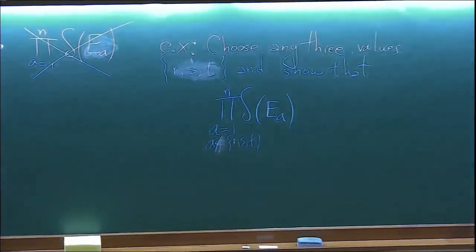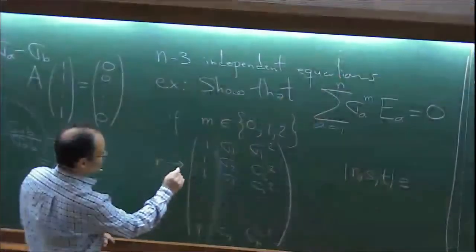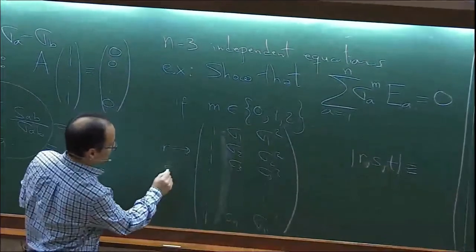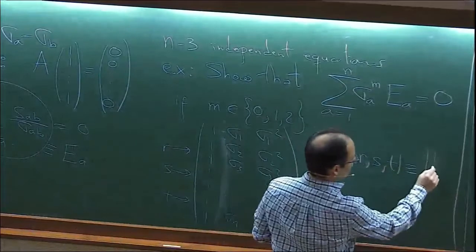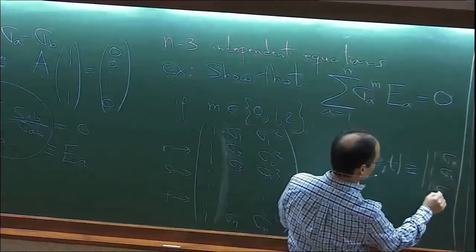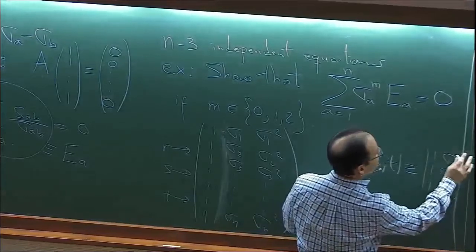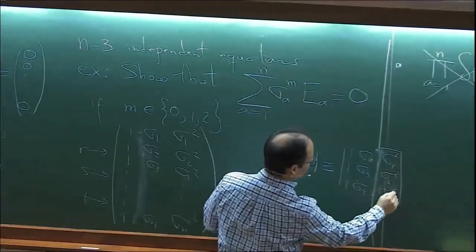Now look at these matrices, and let me denote by R, S, and T the determinant of the submatrix made by taking the rth row, the sth row, and the tth row together, and make a little determinant of the form, okay?